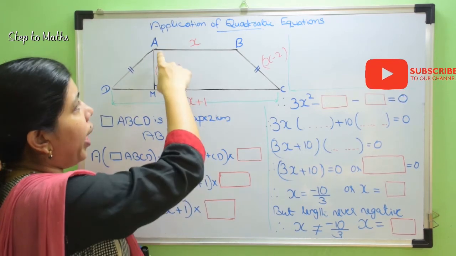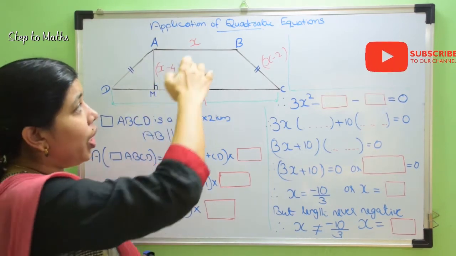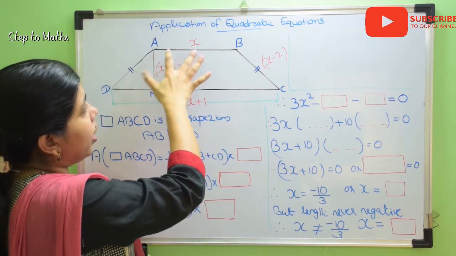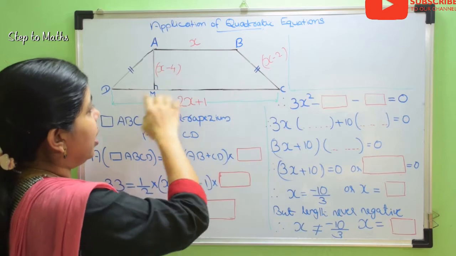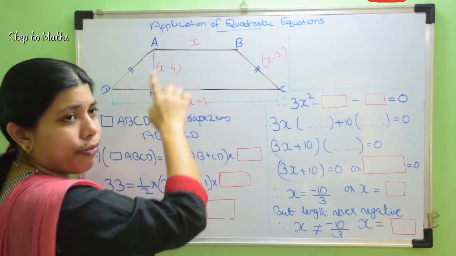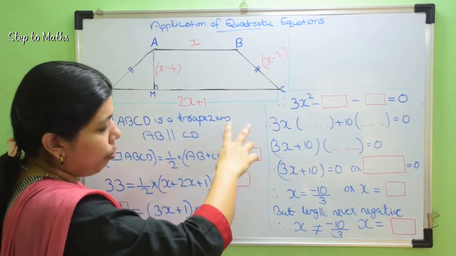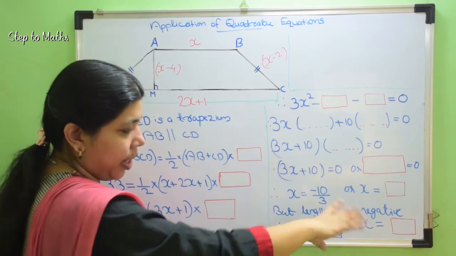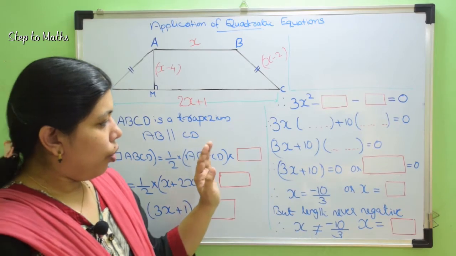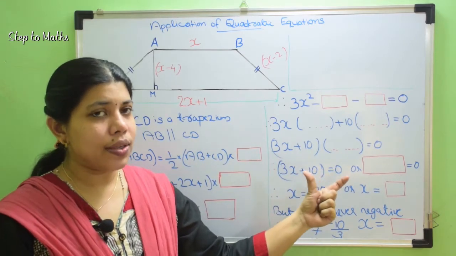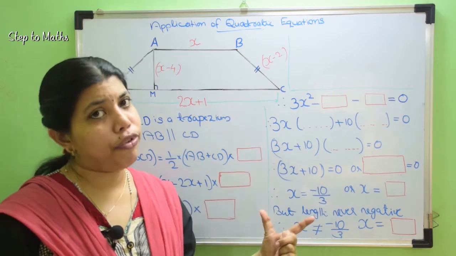AM is the perpendicular distance between the two parallel sides AB and CD, that is x minus 4. And some empty boxes are here. To find the solution, we have to fill these empty boxes according to the given information.